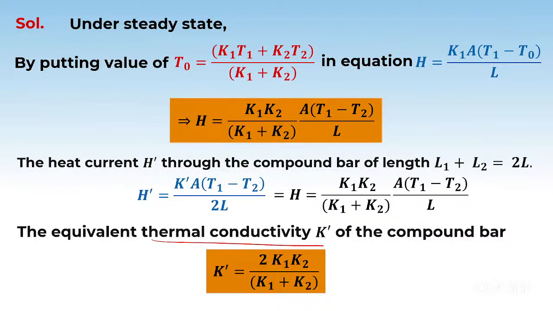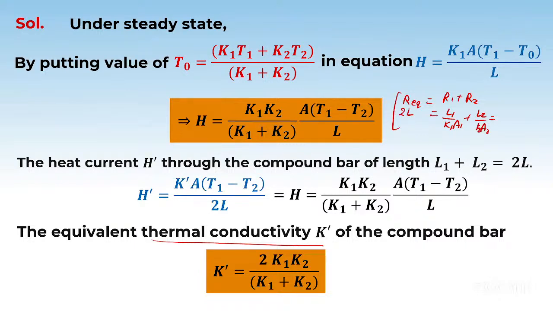क्लियर? ये कैसे आया होगा, देखो, मैंने बताया था कि, sorry, R equivalent series connection है तो R1 + R2. R1 क्या है? L1 upon K1A1, L2 upon K2A2. अब अगर मैं यहाँ से क्या-क्या common ले सकता हूँ, L1 और K1, तो R equivalent भी क्या बनेगा?